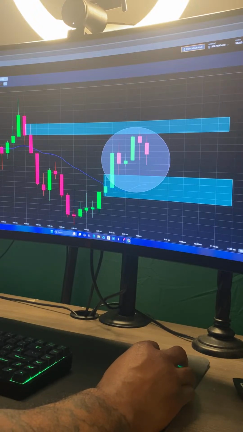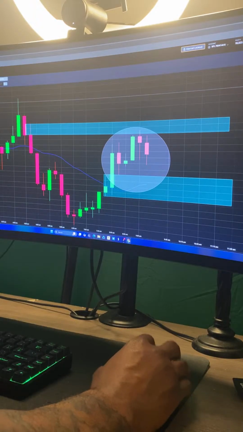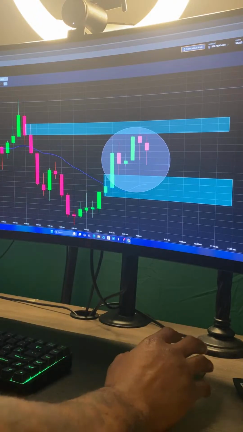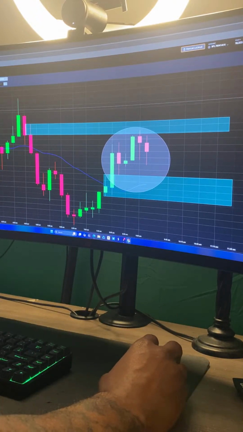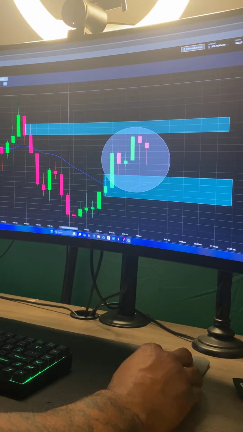All we want to do is wait for it to break, and then we'll get in at 9:30. It's 9:28 right now, and we want to get in at 9:30. Remember 9:30, that's when the volume pushes the most, and we want to push out of the top area.